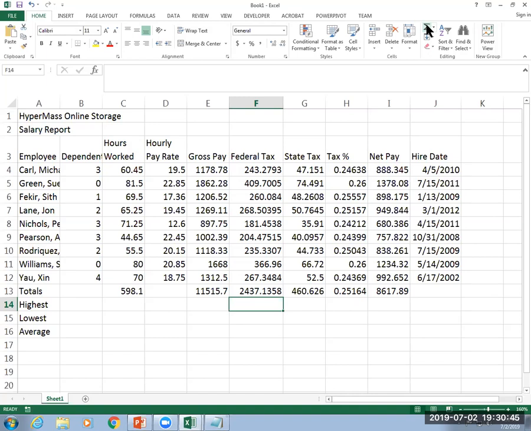And you'll notice that by doing the gross pay and the federal tax, it autofills the rest of it. By doing gross pay, the sales tax automatically gets created.